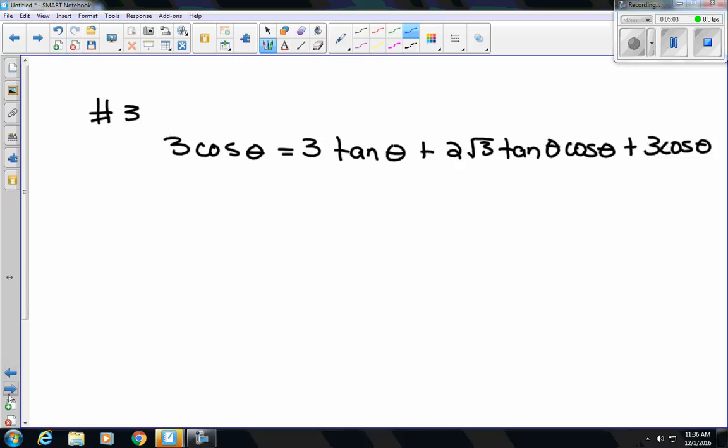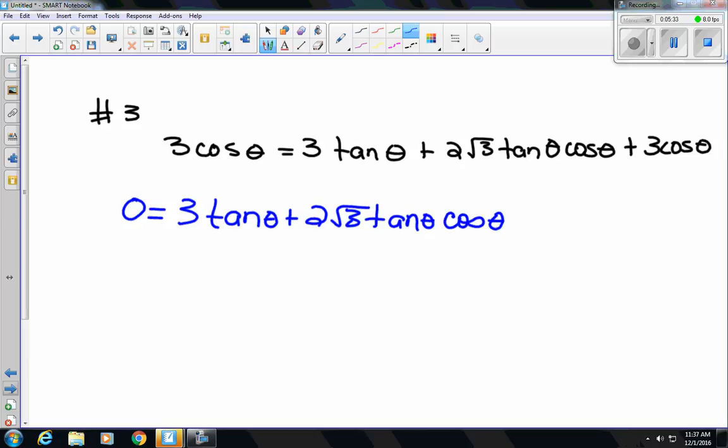All right. What do you notice about this problem? It's on either side. 3 cosine theta. So, guys, if y'all have 3 cosine theta on both sides, what can you do? Cancel it out. Okay. So this gives me 0 equals 3 tangent of theta plus 2 root 3 tangent of theta cosine of theta.